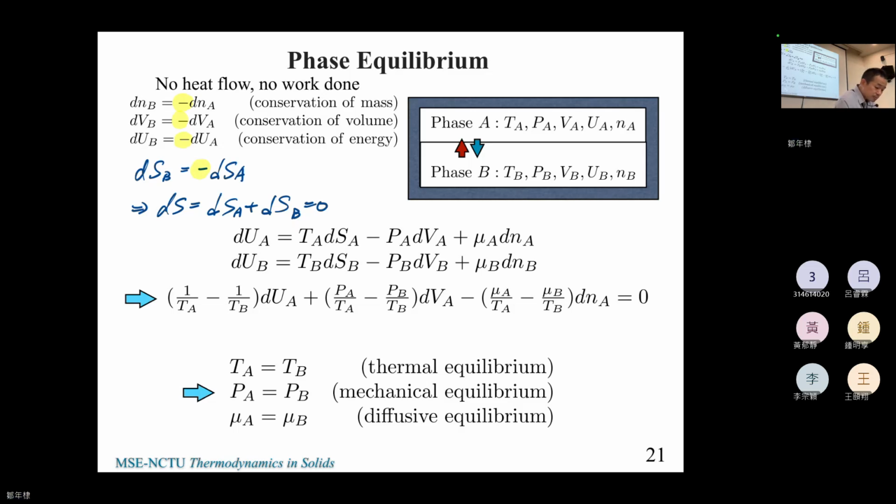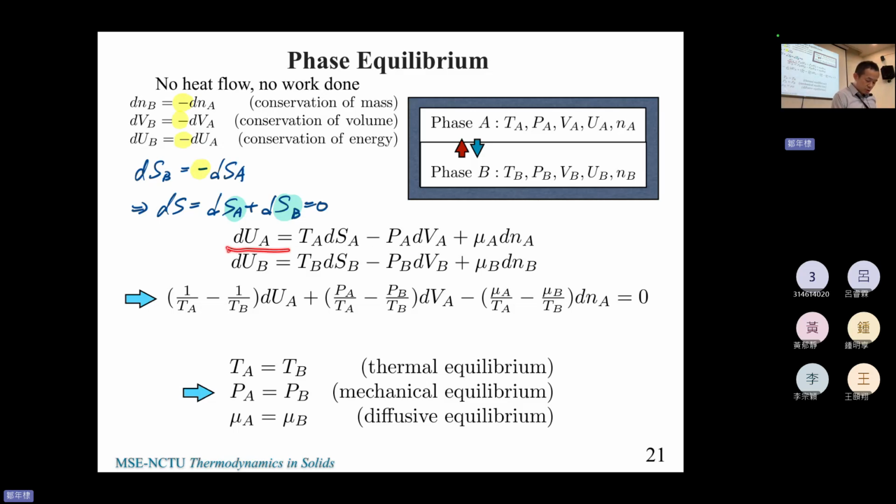Okay. I will draw it in blue. So now we know that dU equals TdS minus PdV plus mu dN. Okay, so we have two phases.